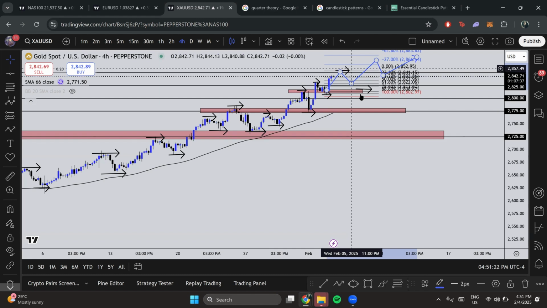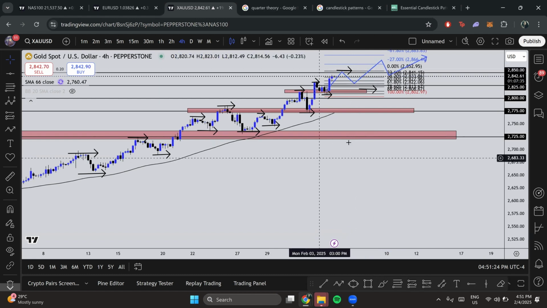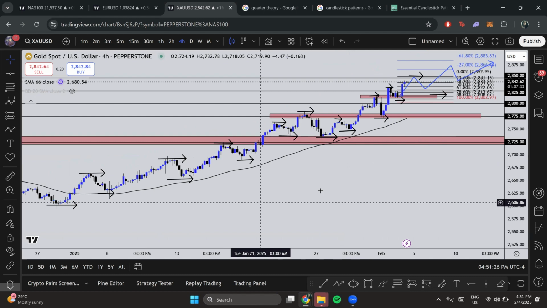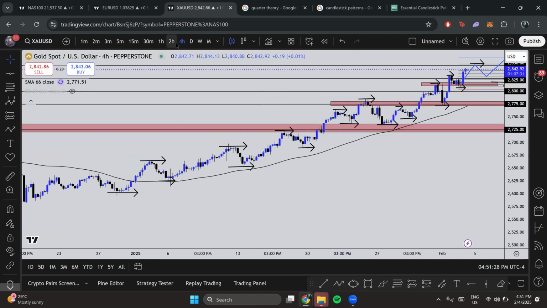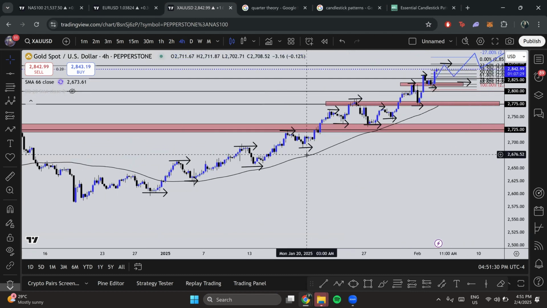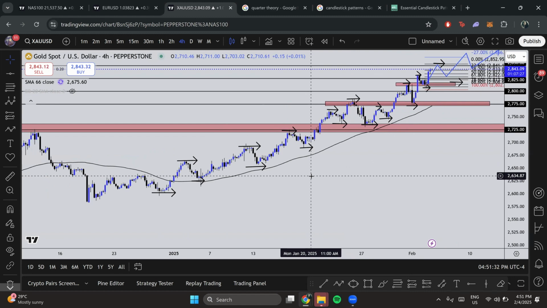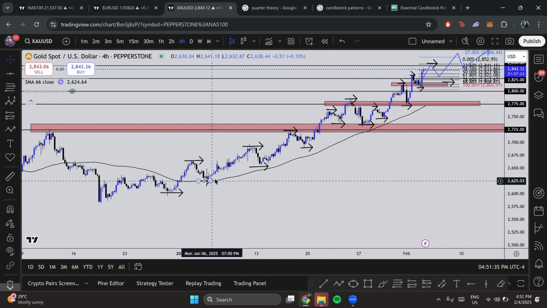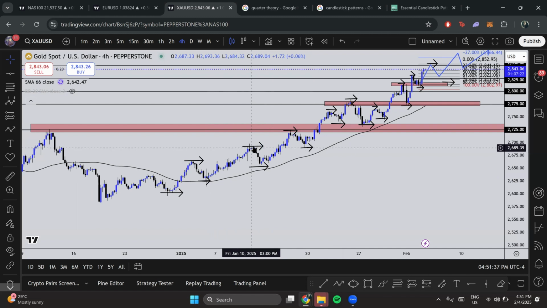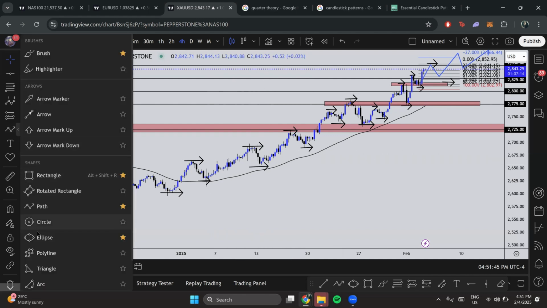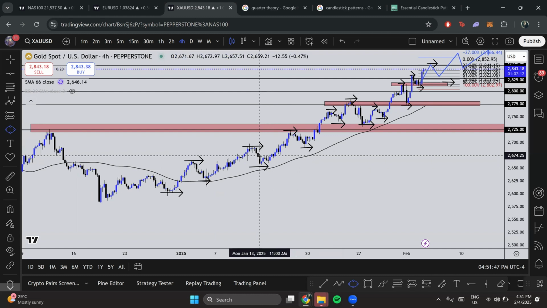So let me show you an example of it in the past. Let's use this area here. After the market made this high, formed resistance, sold down, and it found that support, and we know that by the bullish candle. Look at the formation that created on the H4 chart.